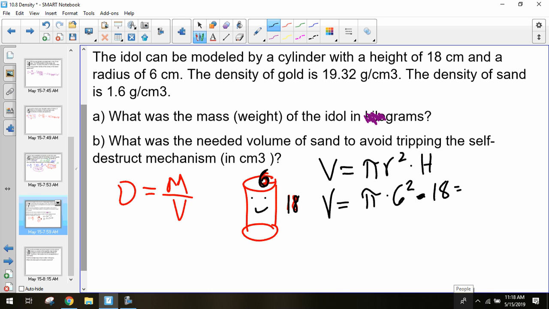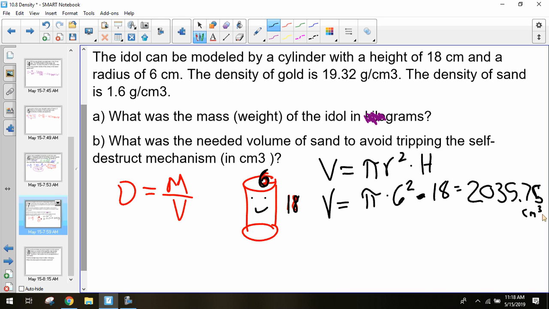If we multiply all that together, that will give us the volume of our little idol, which we end up to be 2,035.75, and that would be centimeters cubed is our volume.